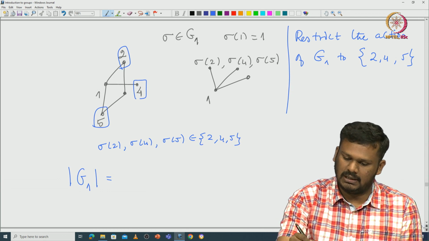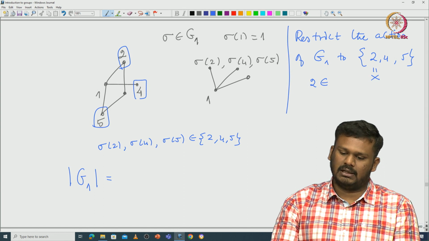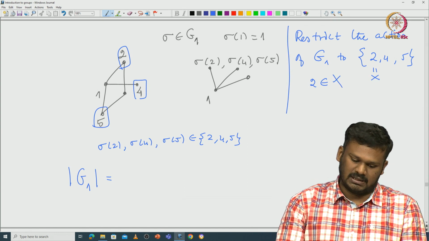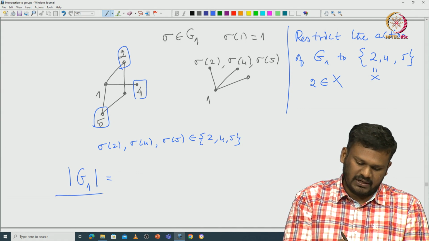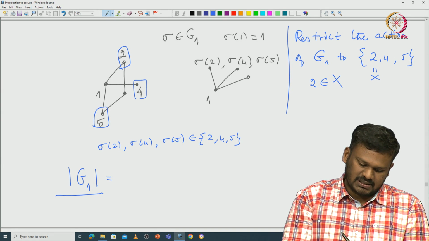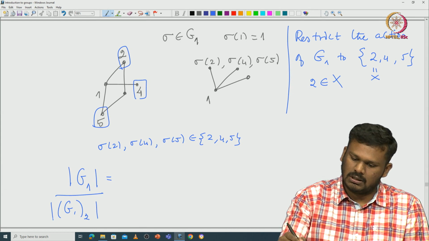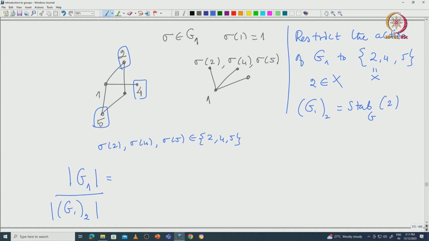I am taking 2 from this particular x and looking at what happens to the orbit as well as the stabilizer. So, the cardinality of G1 divided by the cardinality of the stabilizer of 2. Let us denote it by G12, the stabilizer of 2 inside G1.